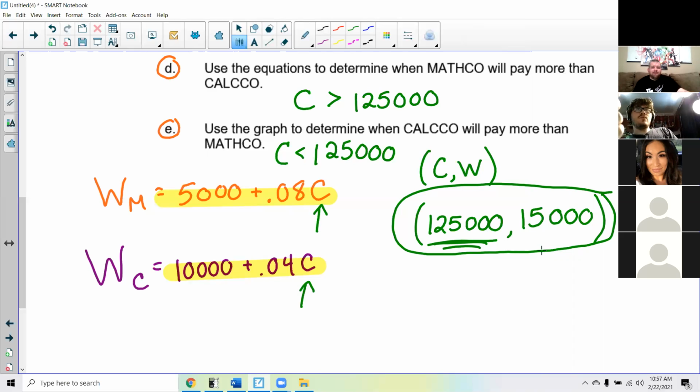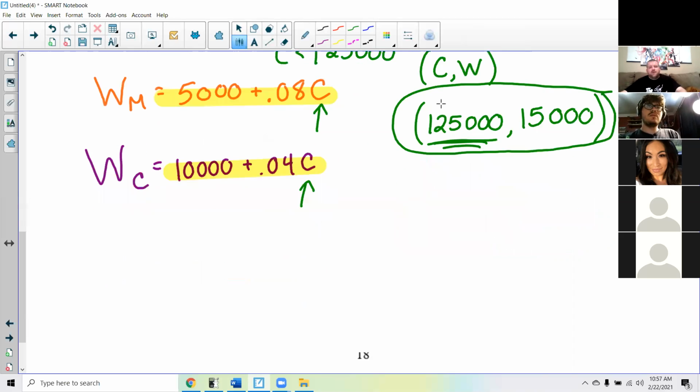How did you get $125,000? For the coordinate or for D or E? Which one are you asking about? How do you get the 125,000 in general? Okay, so I'm trying to figure out how much I have to sell to make my wages equal.